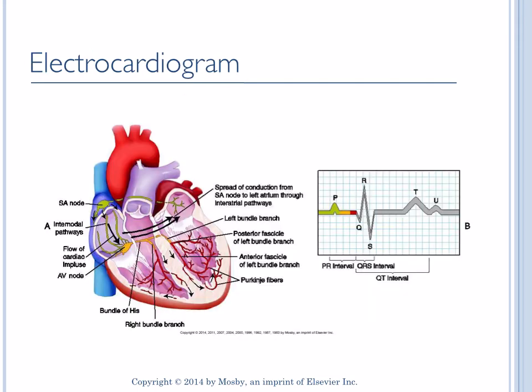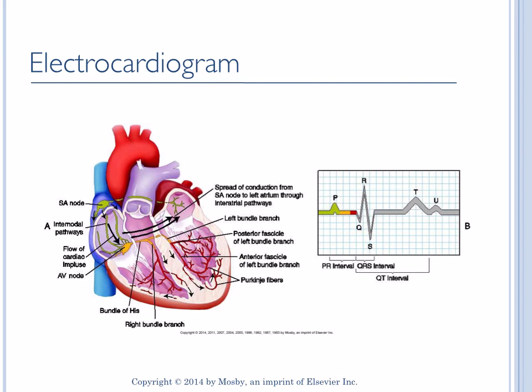Now man has created something called the electrocardiogram, and this will detect the electrical activity of the heart on a piece of paper. And how can it be done exactly? The electrical activity of the heart can be detected on the body surface using electrodes, and it is recorded as an ECG.